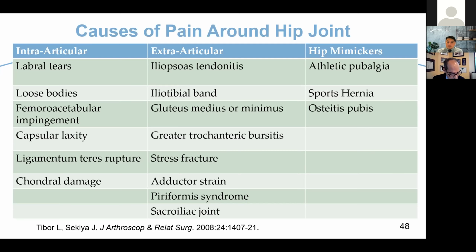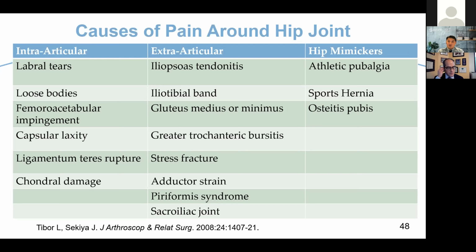Wilson, do you want to comment on some of those intra-articular causes of hip pain? Yeah, so one of the cool things that you can do on a physical exam that separates intra-articular versus extra-articular pathology is range of motion. When you first see the patient and have them actively flex, extend, abduct or adduct, any movement that's patient-induced is called active range of motion.